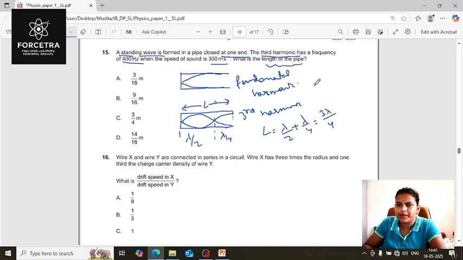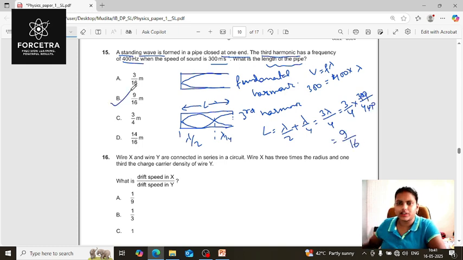To find lambda, we know that the velocity is equal to the frequency into lambda. So frequency is given to us, which is 400, lambda we have to find, and the velocity given is 300. So lambda is equal to 300 upon 400. The length is 3 upon 4 into lambda, and when you solve it, it would be 9 upon 16. B is the correct option.